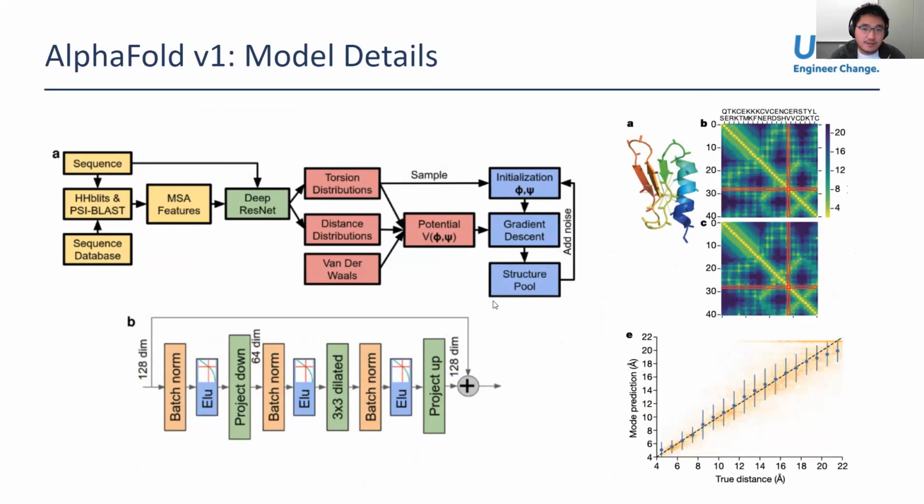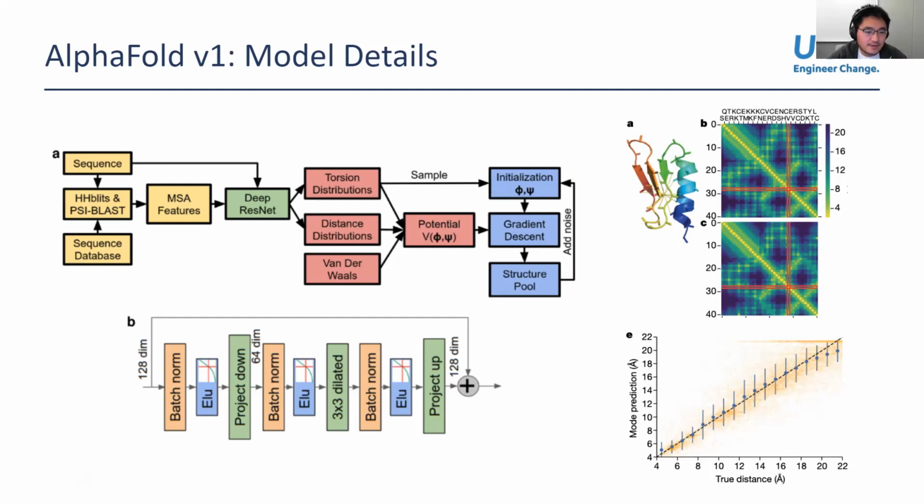this is the original paper for Nature, and Nature will just have a high-level guideline here. The yellow part on the left is the feature engineering part, and inside of the green box, you can enlarge it to figure B. That's the part with a typical convolutional neural network structure, and then it predicts the following output: torsion distribution and distance distributions.